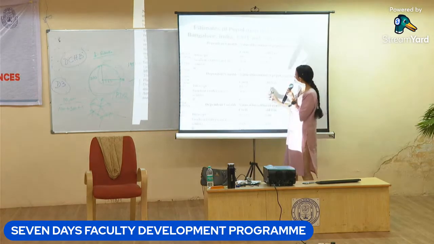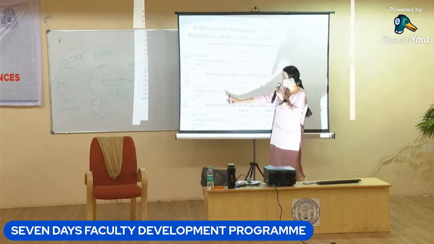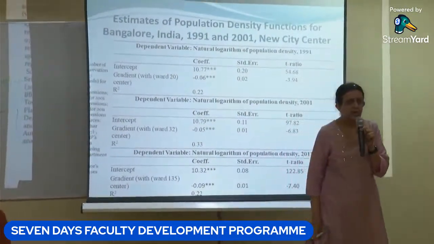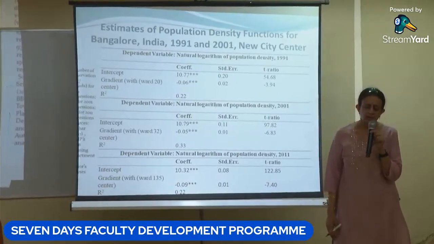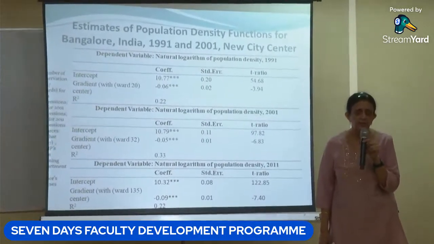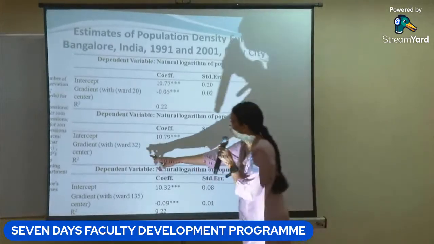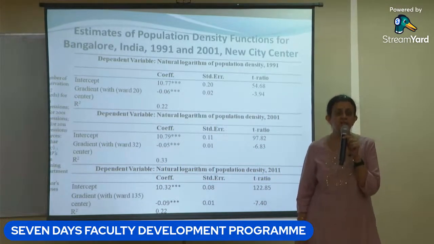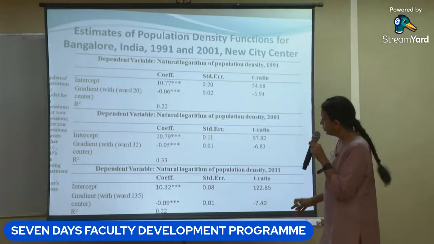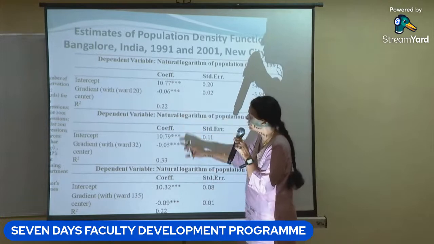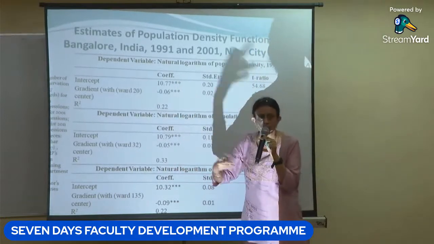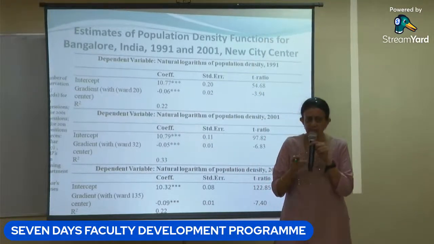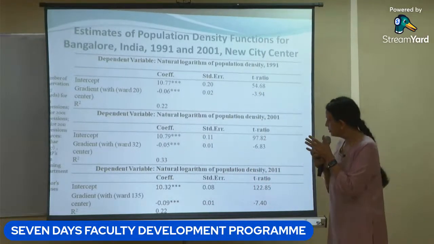And in 2001, we again chose the ward with the highest population density, and that was Sadashiv Nagar, Ward 32, the ward containing IIHS, Indian Institute of Human Settlements. So what do you guys find out? Even based on the new city center, 91 to 2001, what happened? Can you see?